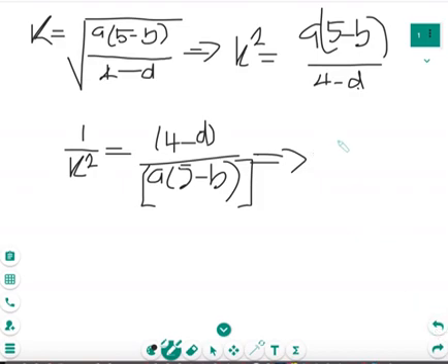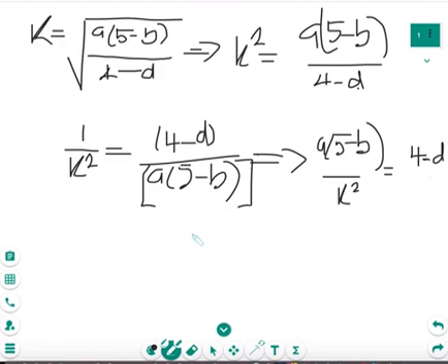So you have a into brackets 5 minus b over k squared is equal to 4 minus d. Alright? So now you have just 4 minus d on the right side.